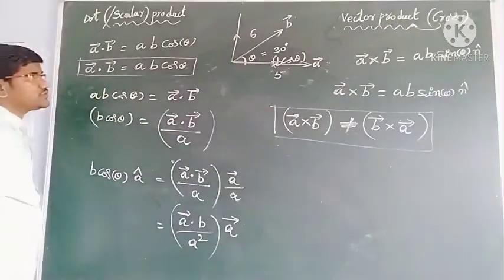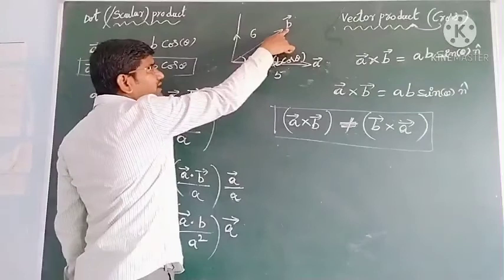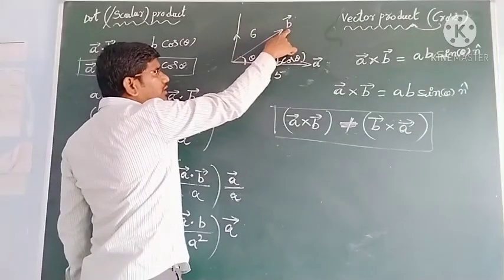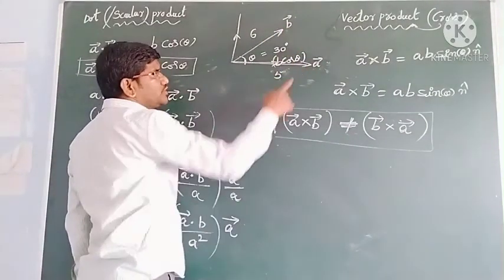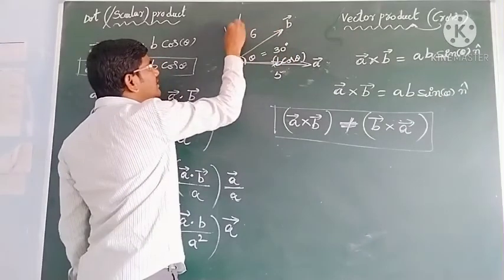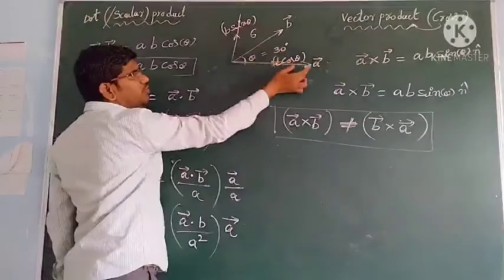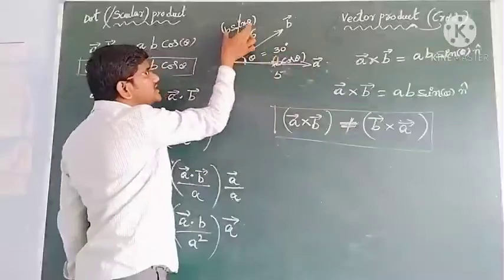And next is, students, B bar is a vector, you know. So now find the component of B bar perpendicular to A bar. So the component is what? B sin theta. So this B sin theta is perpendicular to A. This is what he is asking.